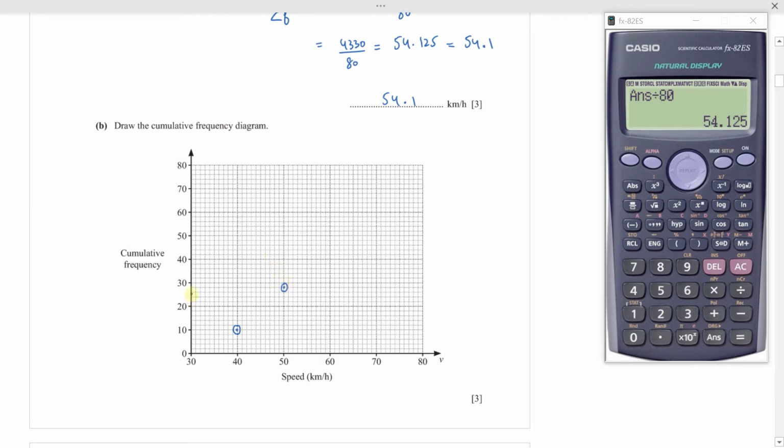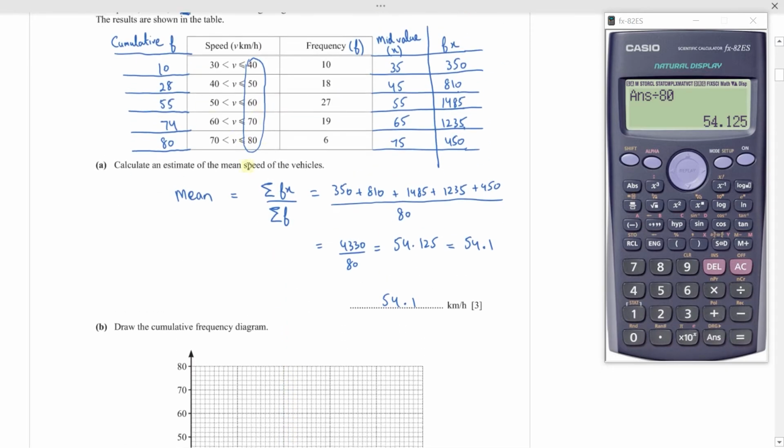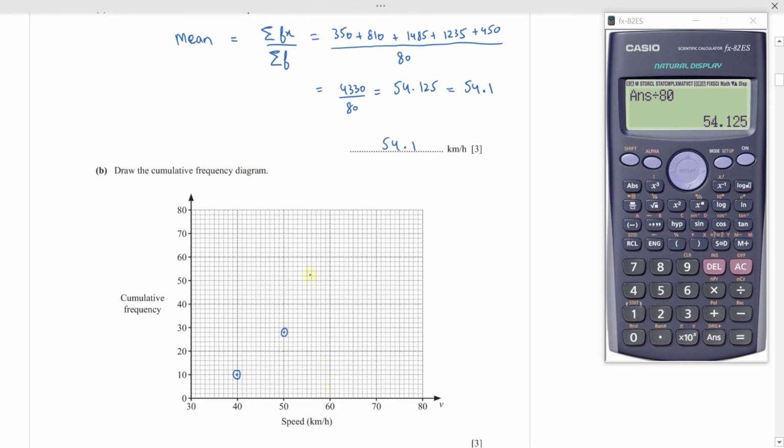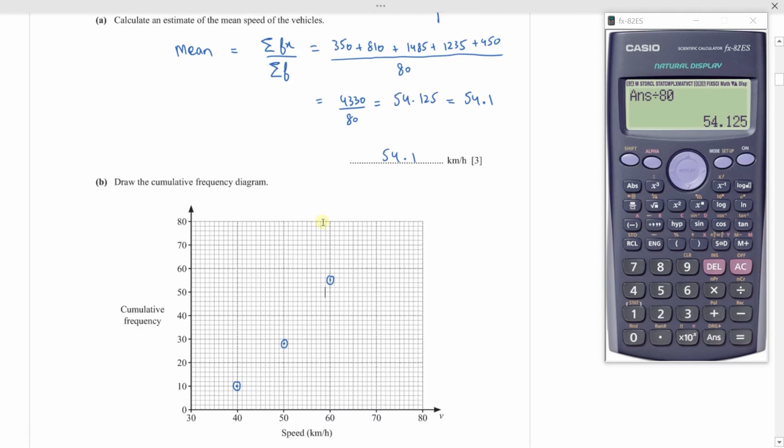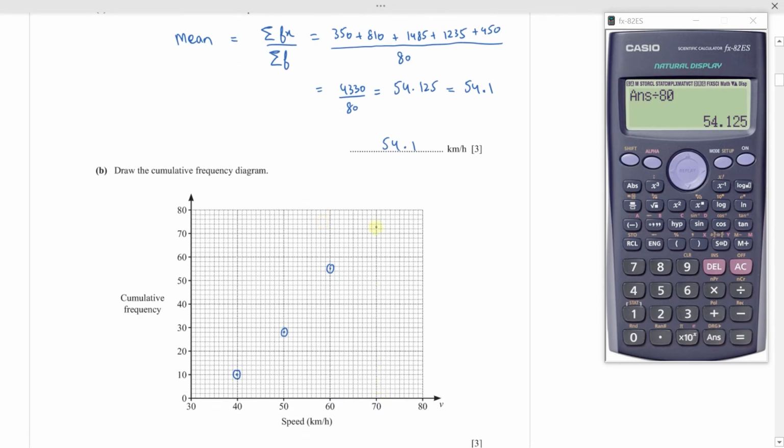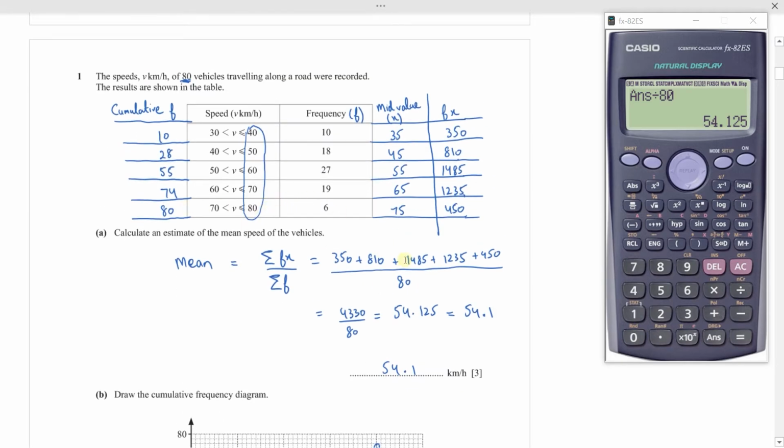So each small block here represents a value of 2. 60 and 55. 60 and 55 will be in the middle here. 70 and 74. 70 and 74 will be this. And then the last one is 80 and 80.